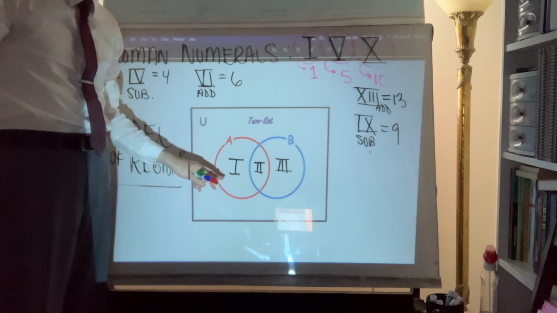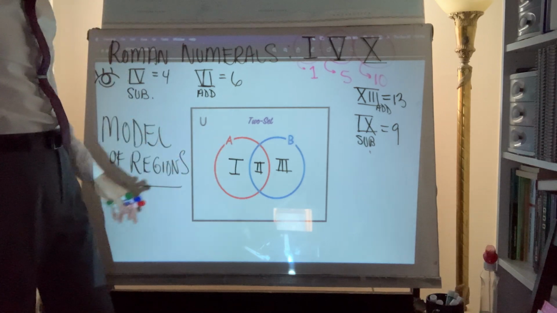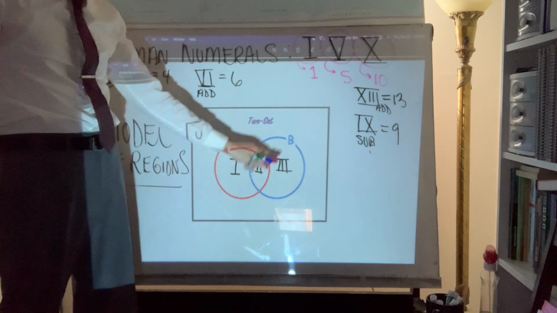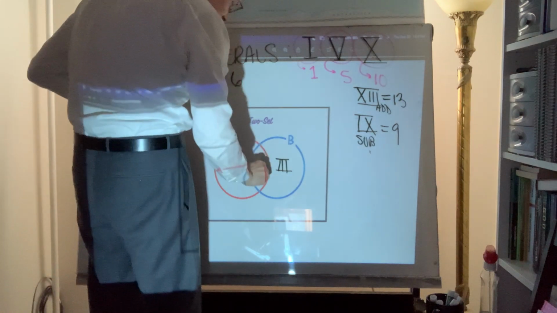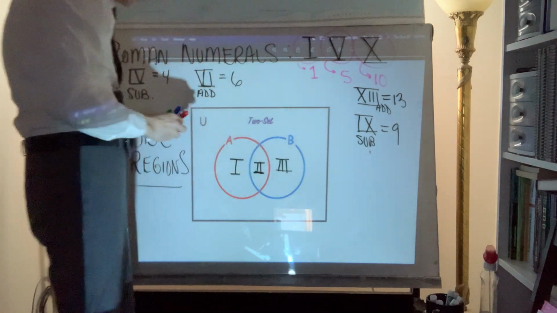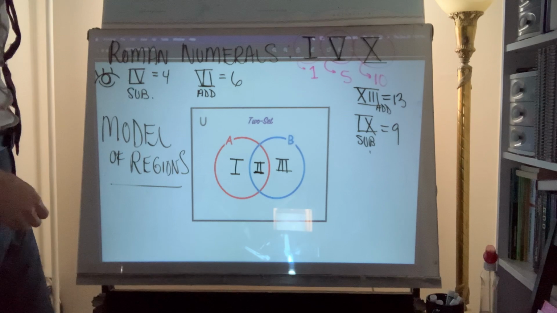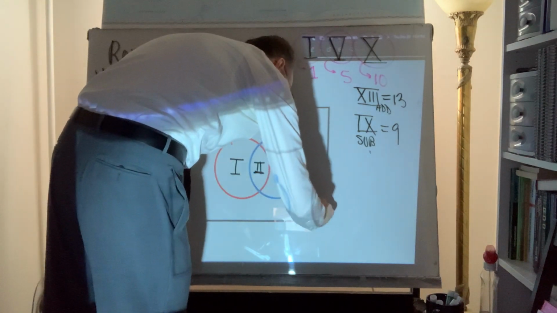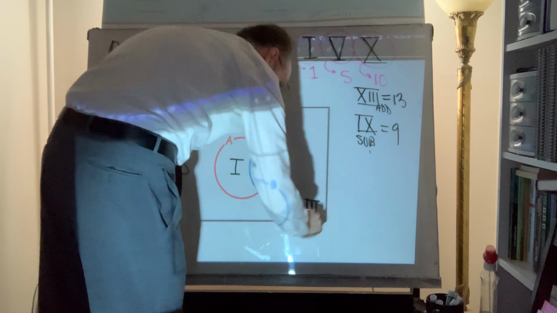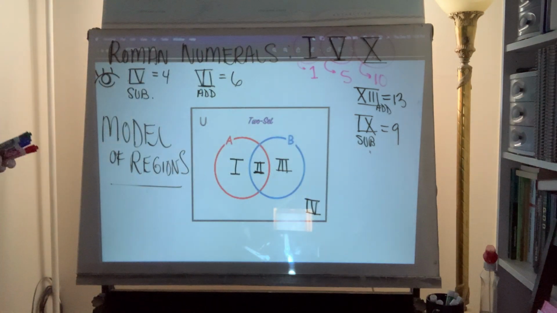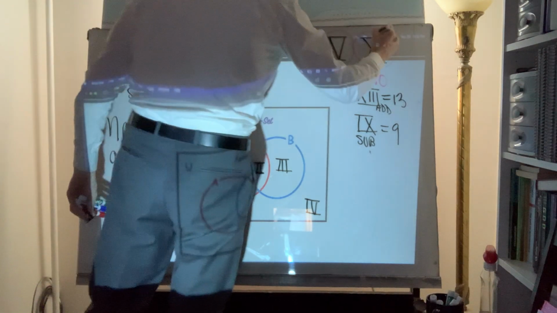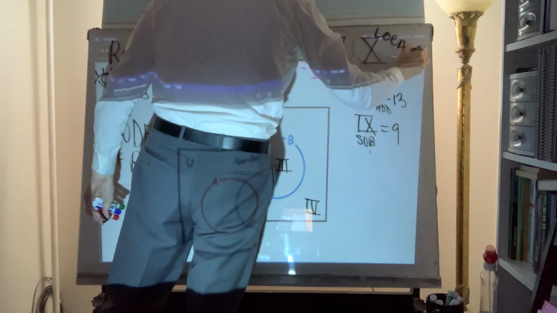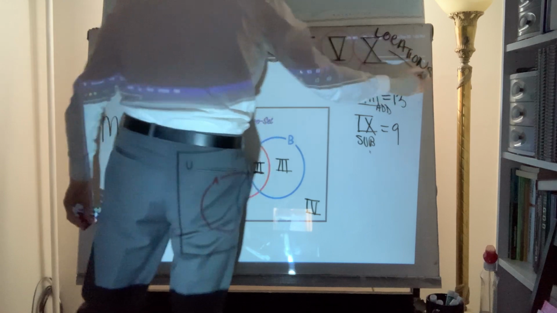Think of these as Rocky movies, or perhaps Jaws. Rocky 1, Rocky 2, Rocky 3, Rocky 5000. And the region outside of these in a situation like so would be a Roman numeral 4. It's just referring to the location. These are locations, not elements.